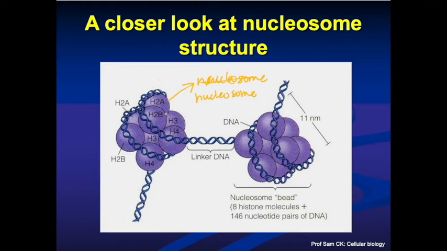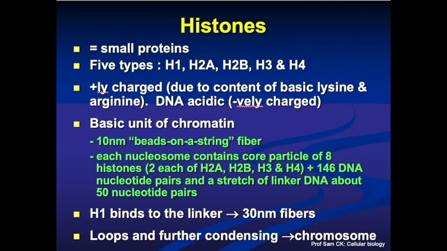You can see 2 of H2A, 2 of H2B, 2 of H3, and 2 of H4. Around 146 nucleotide pairs of DNA will wrap around one nucleosome, or nucleosome bead. There are 8 histone molecules inside one nucleosome structure: H2A, H2B, H3, and H4.